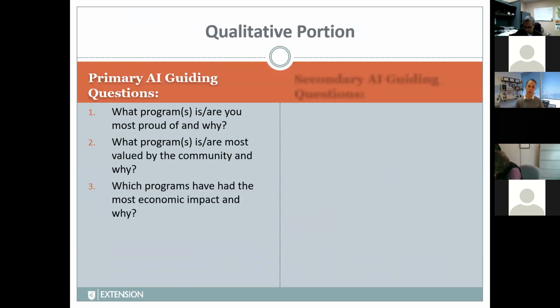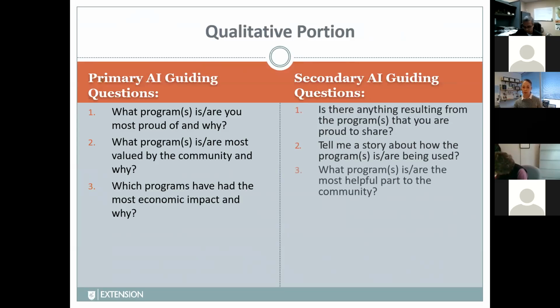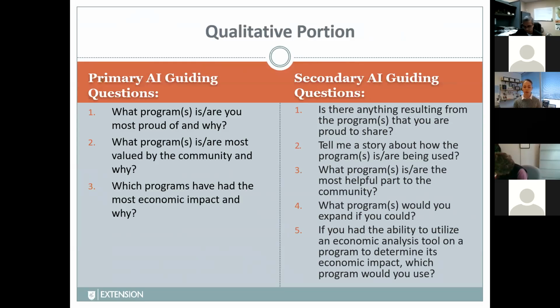We also have some secondary guiding questions in case for some reason people aren't getting us the information we need, or we feel as if there's additional stuff we can get. And a lot of these are time dependent.